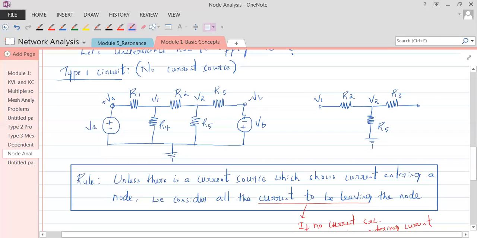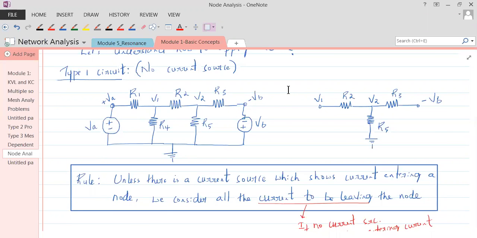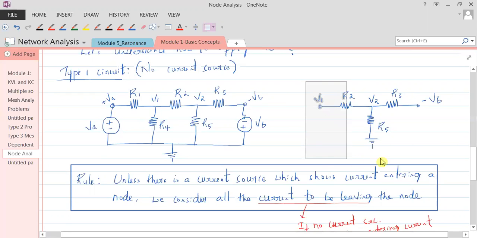It makes a lot of difference, so you should understand this is minus VB. This is what is tricky about this particular circuit. I changed the polarities purposefully because I wanted you to know that. You can just start copying.